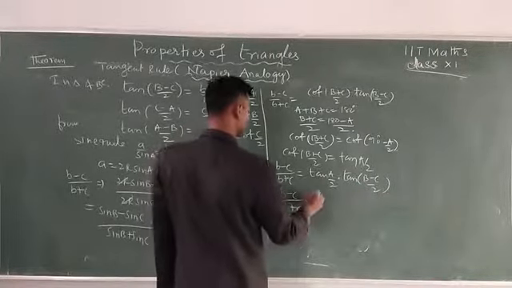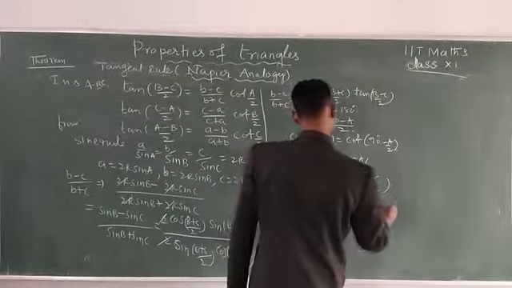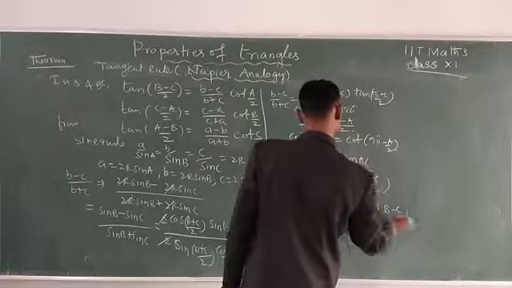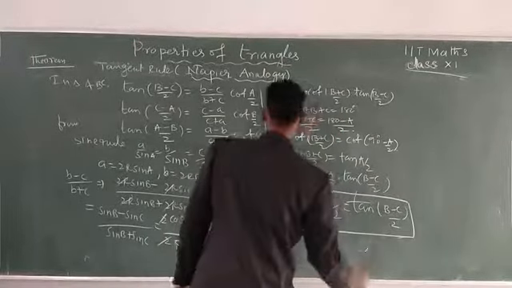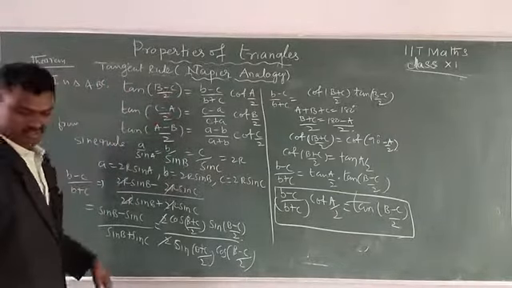Here 1 by tan A/2 means cot A/2 is equal to tan (B minus C)/2. Similarly, the remaining two you also have to try like this. Okay, note this down.